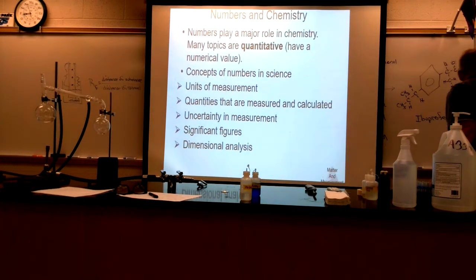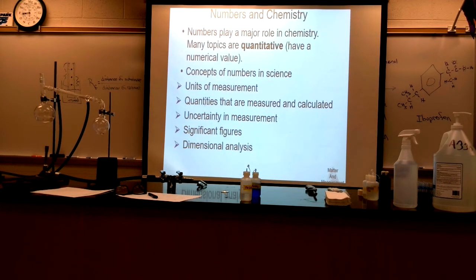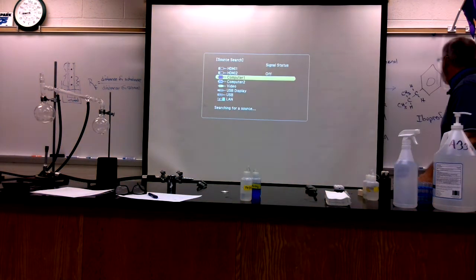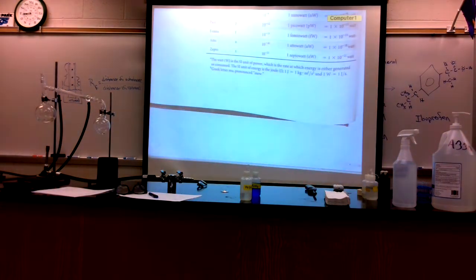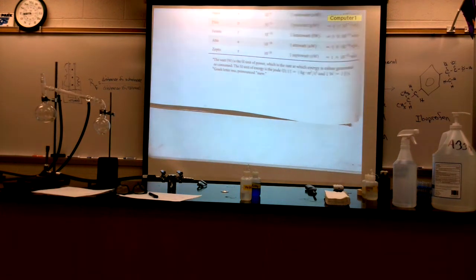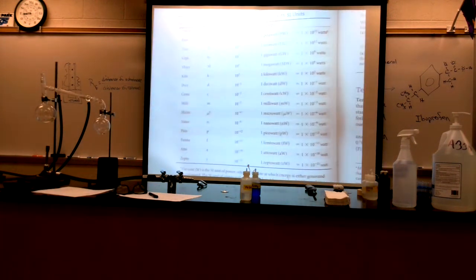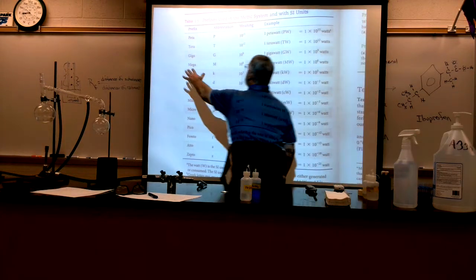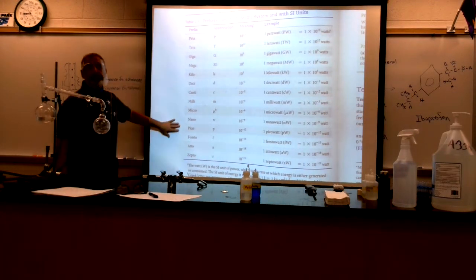Now, in the metric system, you're only going to need to know a few of the actual quantities. So if we look, this is on page 16 of your textbook. These are all your prefixes. Okay?